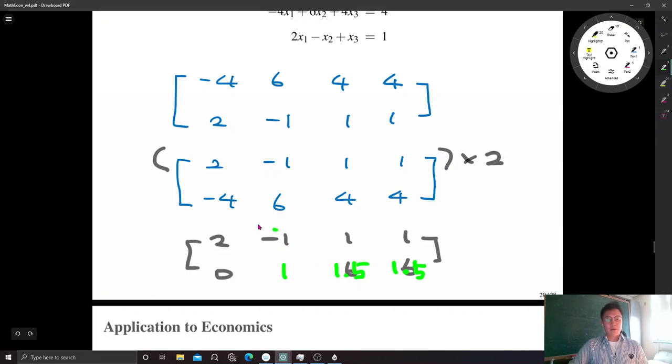So 0 and 2.5. Okay. And the leading non-zero entry should be 1, so we just divide the first row by 2. Then 1, 0, 1.25, and 1.25.